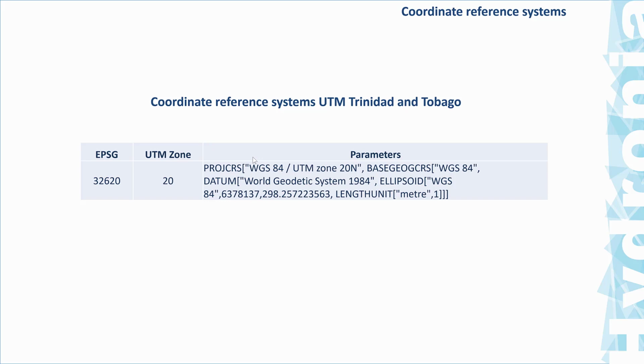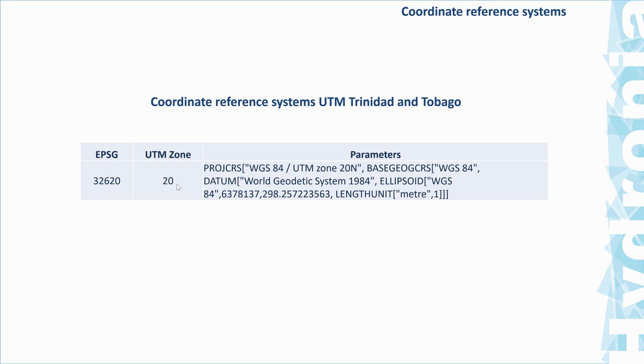Now the coordinate reference system is also represented, besides the identifier of UTM zone 20, by this EPSG code. And it is important to remember this EPSG term because we are going to be using this code over here to represent this UTM zone 20.